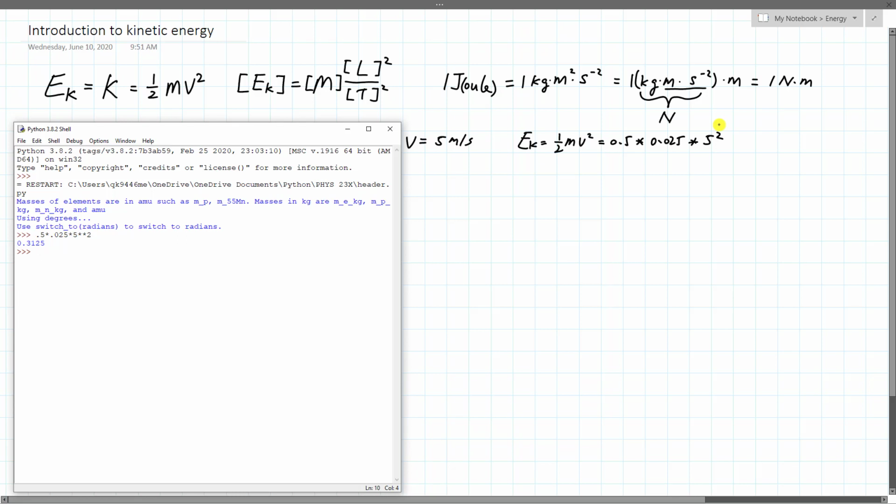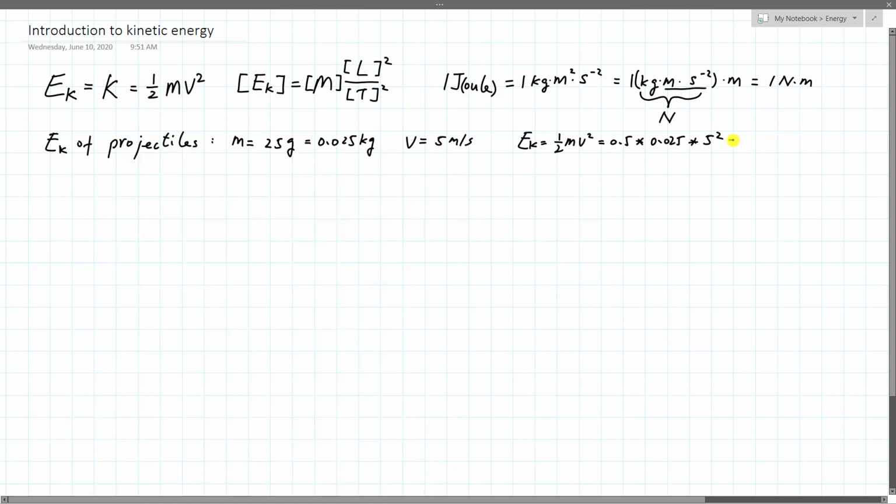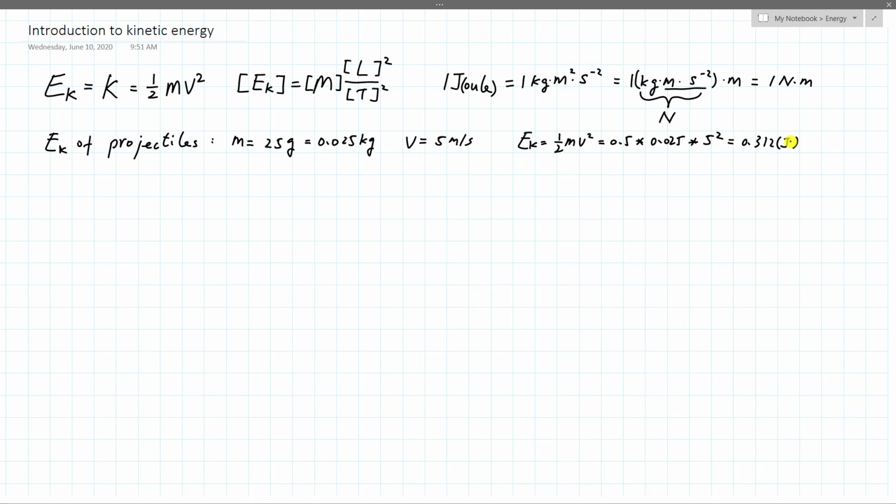Let's just keep 3 digits after the decimal, that's 0.312 if I round to even. So it's only a fraction of a joule. If you just pick up an everyday object, a pencil, maybe a keychain, and toss it, it's got that order of magnitude of energy: a fraction of a joule, maybe a few joules if you toss it really hard.